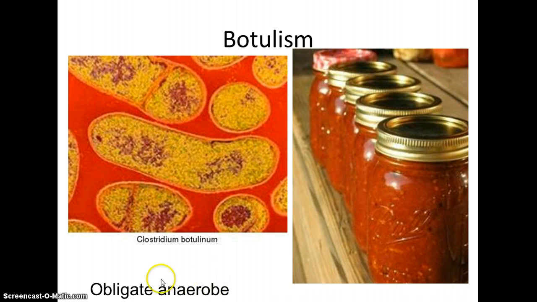It does not like having oxygen around, and it's known to occur when people do home canning, and even companies that do this, sometimes this can get spread, because it'll thrive in the relatively oxygen-free or anoxic conditions of the cans or the bottles here. Of course, what do you do to try to kill these organisms? You heat the stuff up, and if you cook it well enough, then you should be able to kill them.